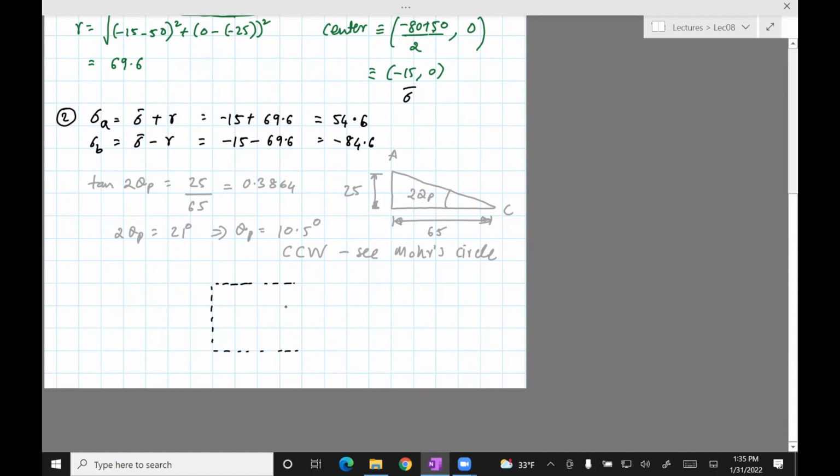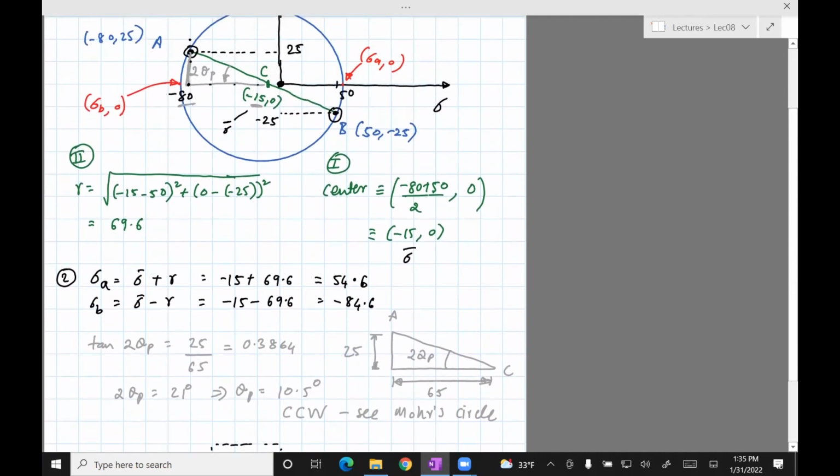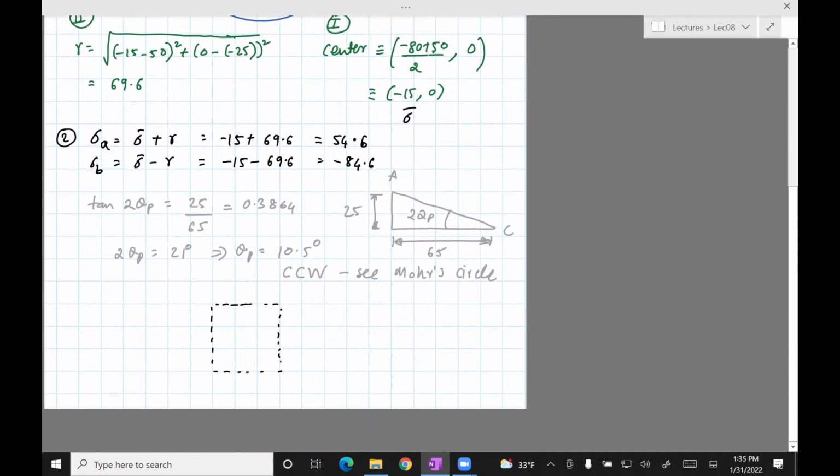So originally this was our original plane stress element, which was along the XY axis. Now I need to rotate by theta p counterclockwise, and I should do that to the face A. So take face A, which is this face, rotate by 10.5 degrees, and you can rotate about the center.